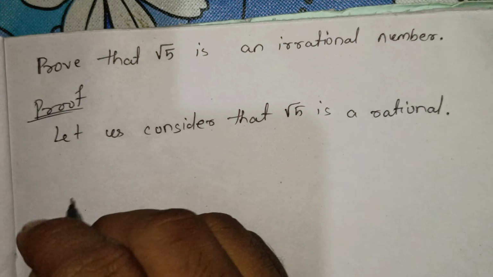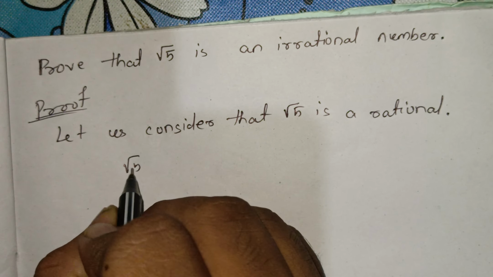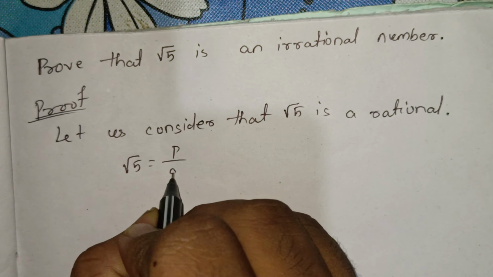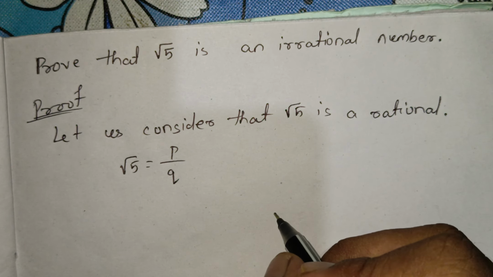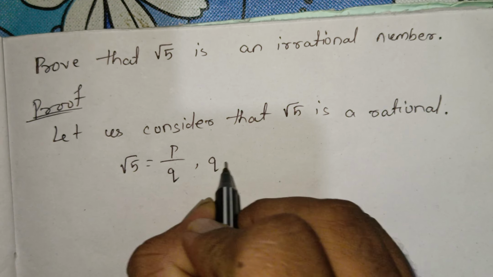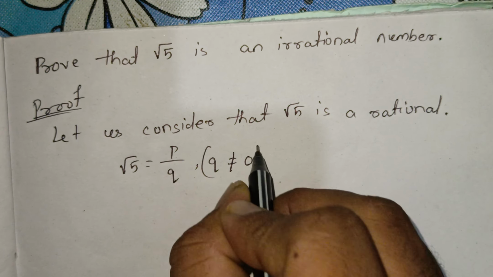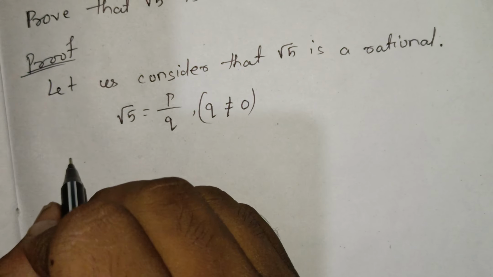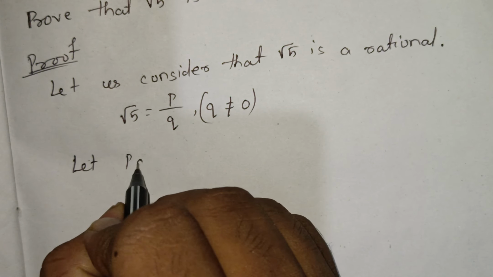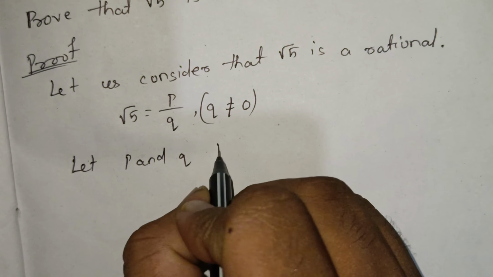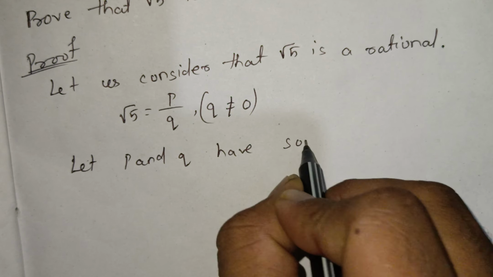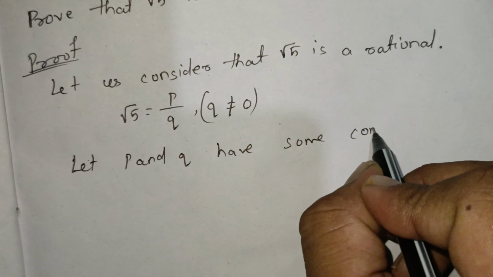That means we can express root 5 in the form of p by q. We know that rational numbers can be expressed in the form of p by q, where q is not equal to 0. So let p and q have some common factors.